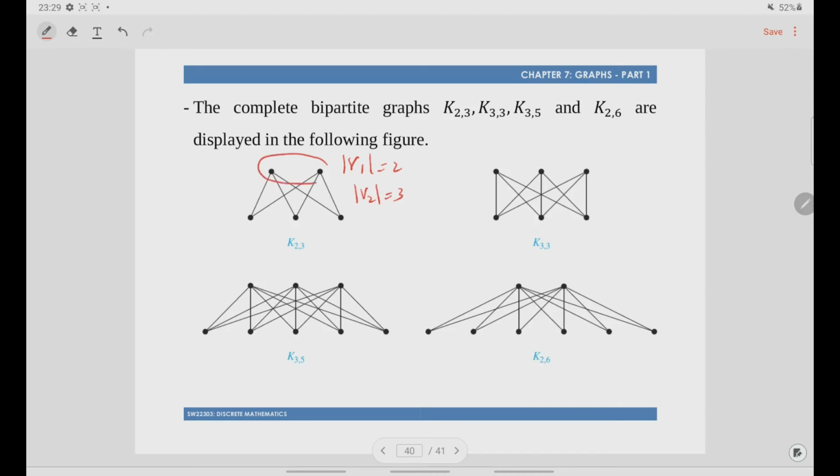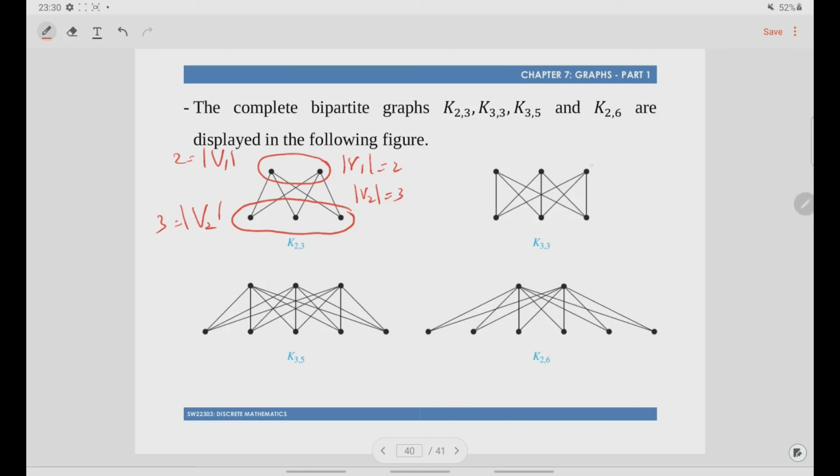So we have 2 vertices here, which come from the set V1. We have 3 vertices here, which come from the set V2. That's why the cardinality is equal to 2 here, and this one is equal to 3. Okay, m equal to 2, n equal to 3. This is a complete bipartite graph.